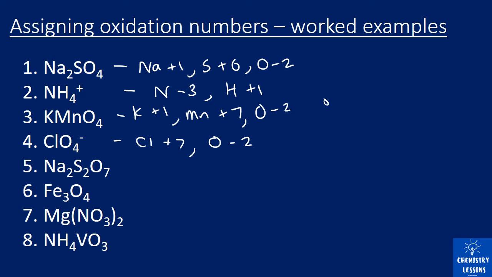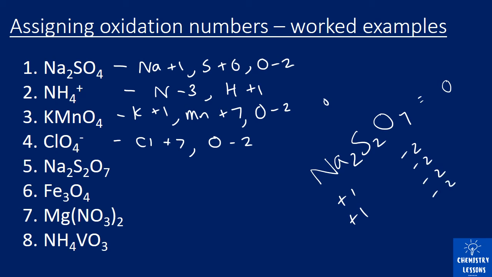Next, running out of space here, Na2S2O7. Well, the overall charge is 0. Sodium is +1. Oxygen's -2. There's 7 of them, so there's 14. So it's +2 minus 14 plus X is equal to 0 because the overall charge must be 0.